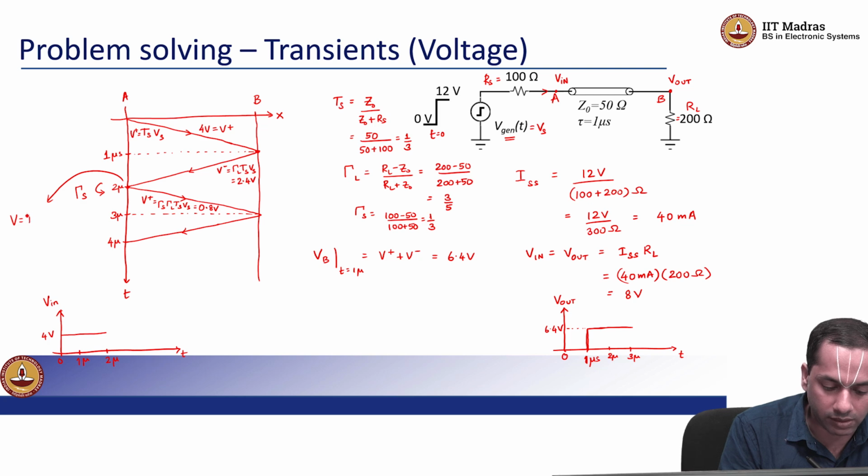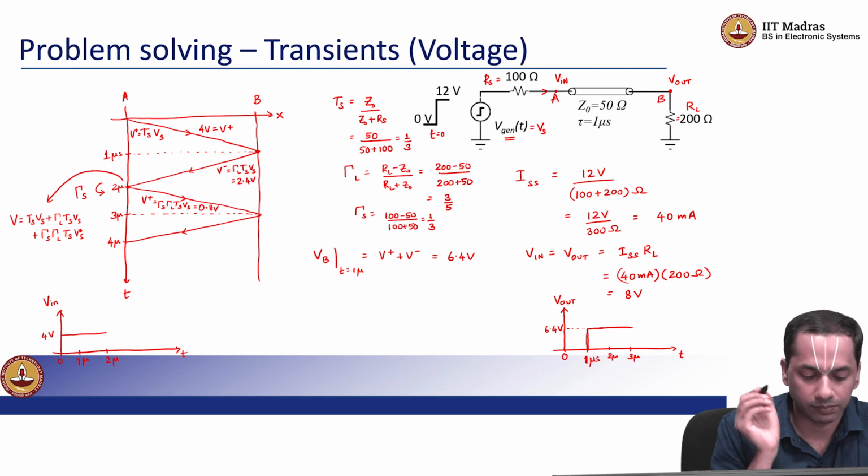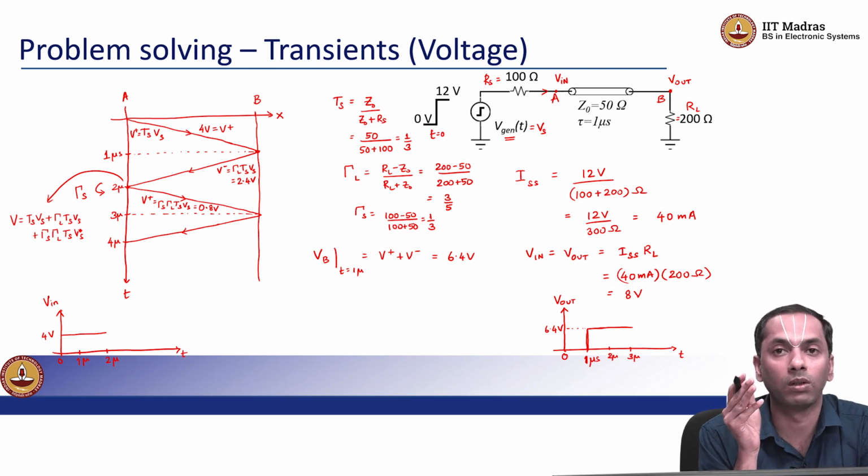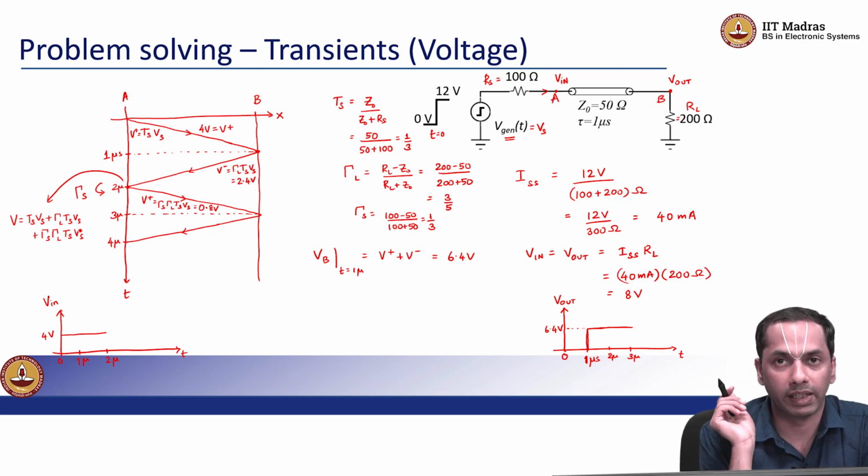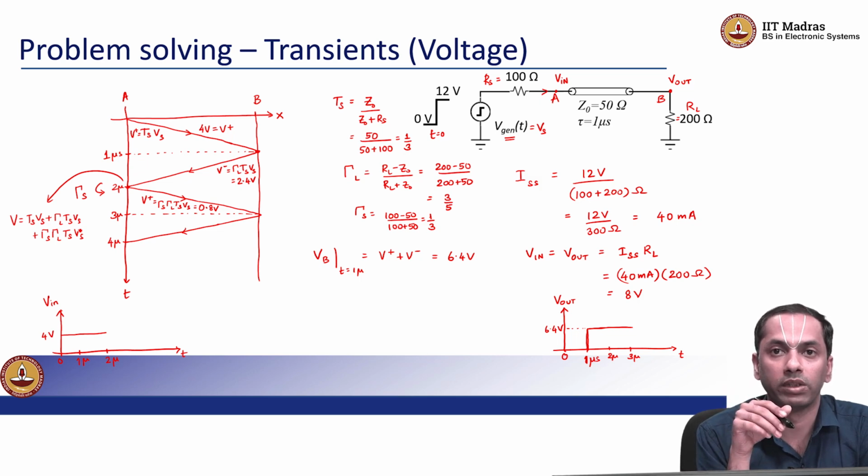So, that is Ts Vs plus gamma L Ts Vs plus gamma S gamma L Ts Vs, right. So, the sum of all the voltages, the entire history, because remember the input voltage is not a pulse. If it was a pulse, the situation would be different.